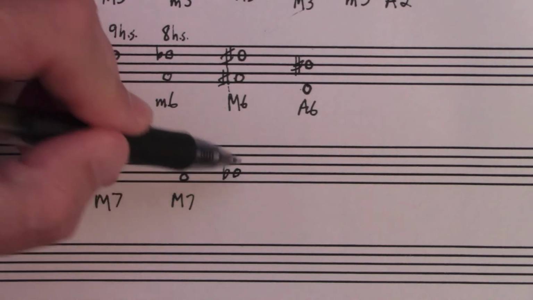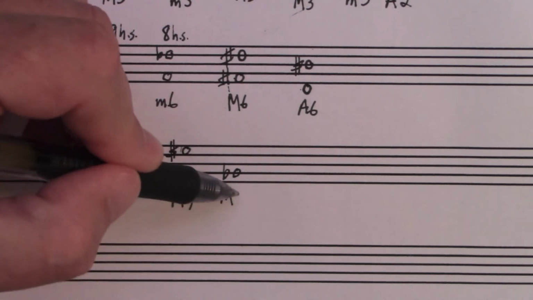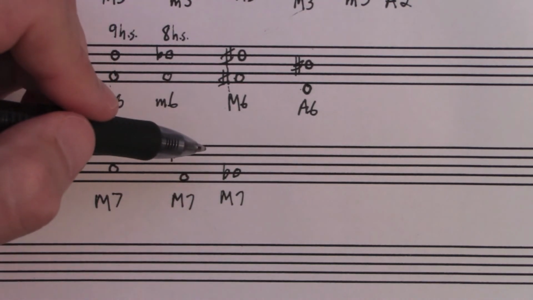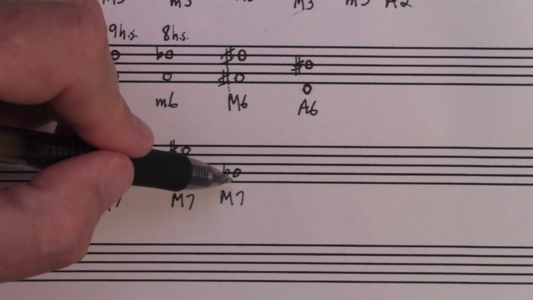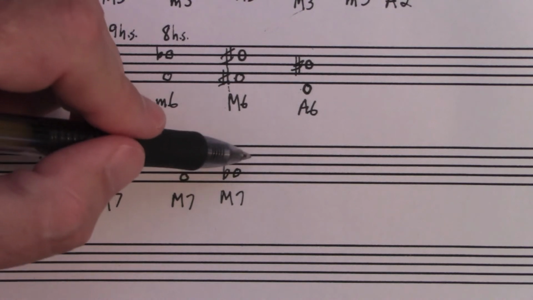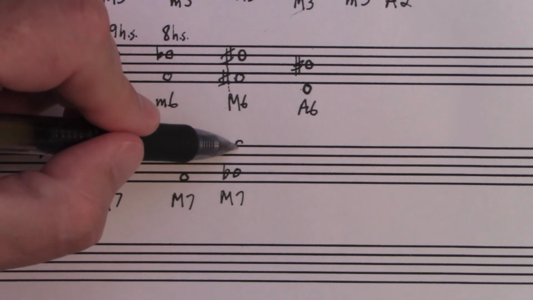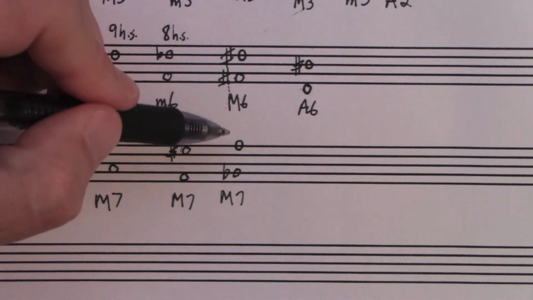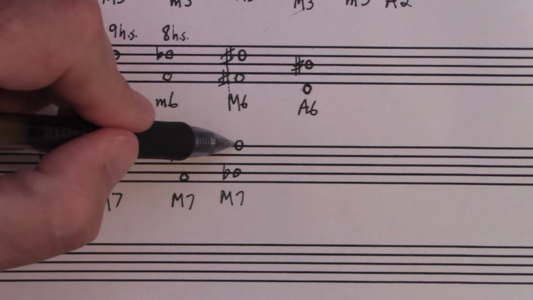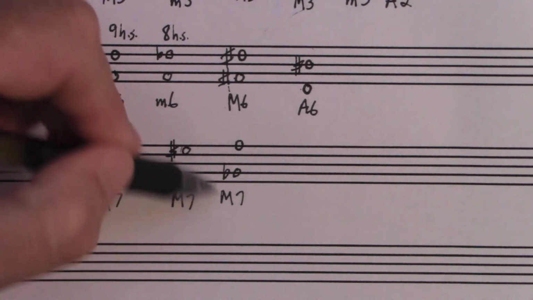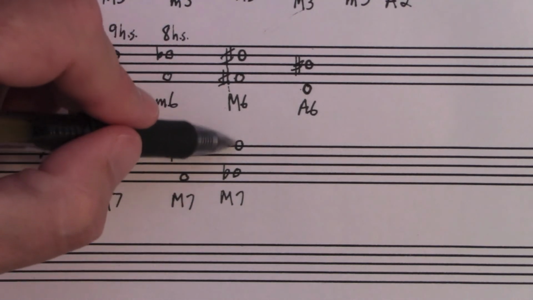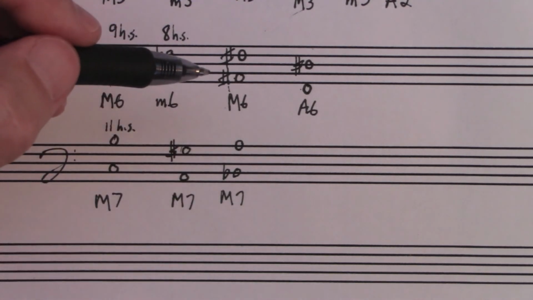What about B flat? What's a major 7th above B flat? Well, the letter B, C, D, E, F, G, A is going to be an A. For a major 7th, we want that to be a half step below an octave, or 11 half steps. Octave is B flat. Oh, that is a major 7th.